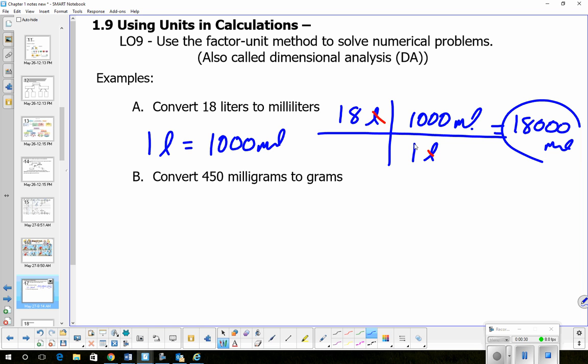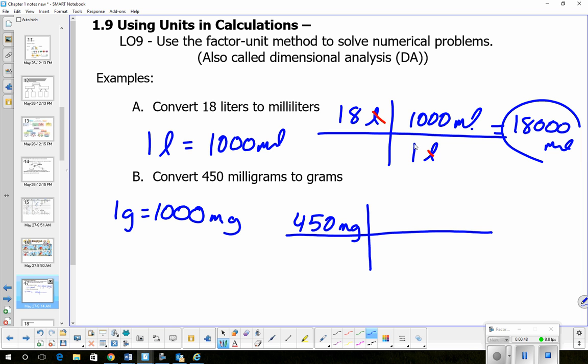Okay, to convert milligrams to grams, basically the same kind of conversion, except 1 gram is equal to 1,000 milligrams. I'm going to start with what I'm given again, 450 milligrams, and you always start with what you're given in the upper left-hand corner of your T-square, or your factor label, or dimensional analysis.